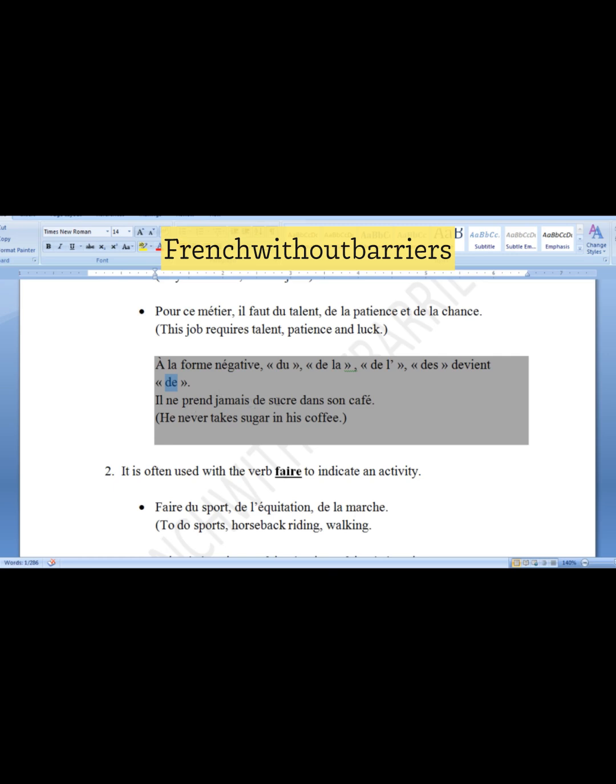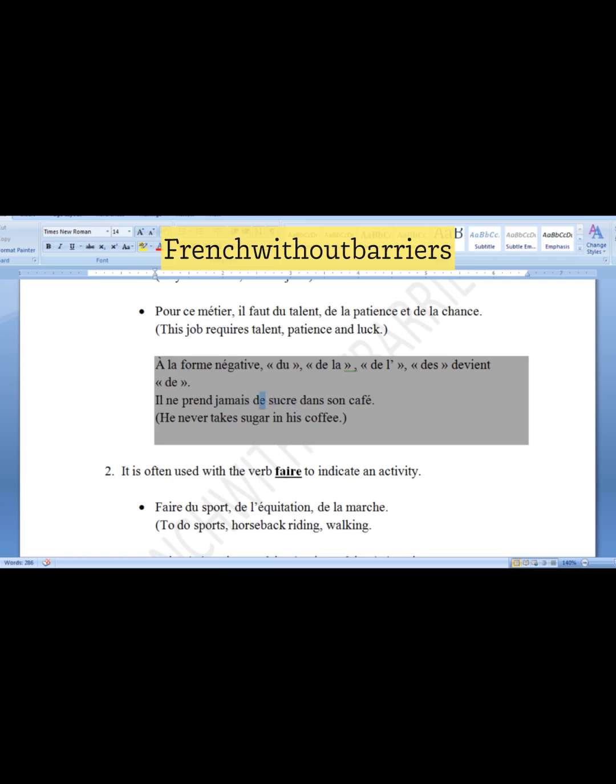Il ne prend jamais de sucre dans son café. He never takes sugar in his coffee. Now guys, this negation is of ne jamais. And if you can see your sucre, which is a masculine noun, it usually takes du.